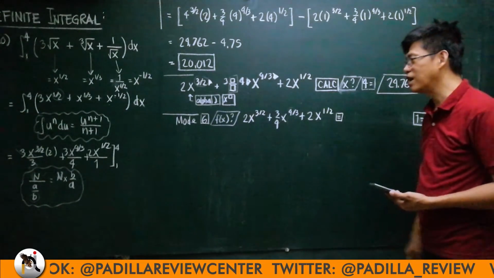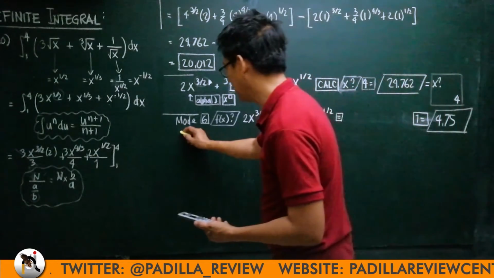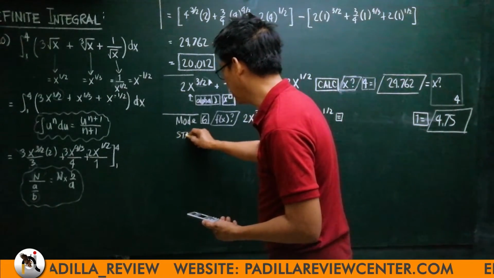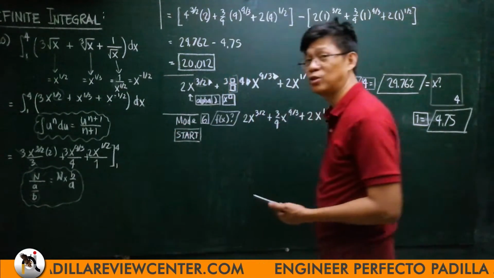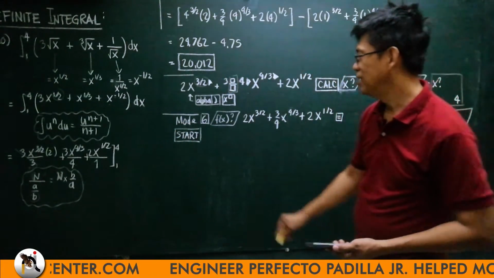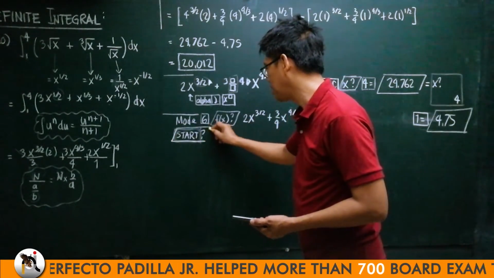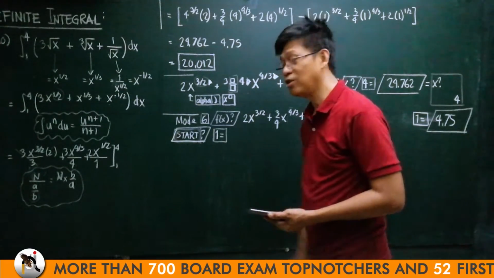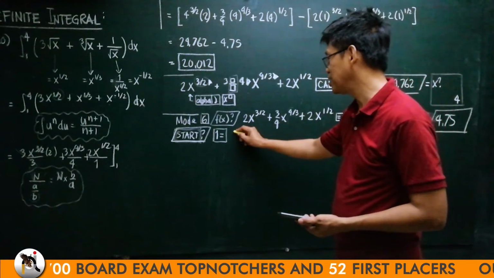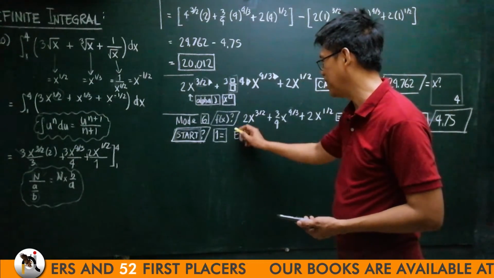Your calculator again will ask you, what is your start? The start means your first value of x. Since we just want 2 x's, 1 and 4, your start value will be 1 equals. Then your calculator will ask you the end, meaning the last value of x.